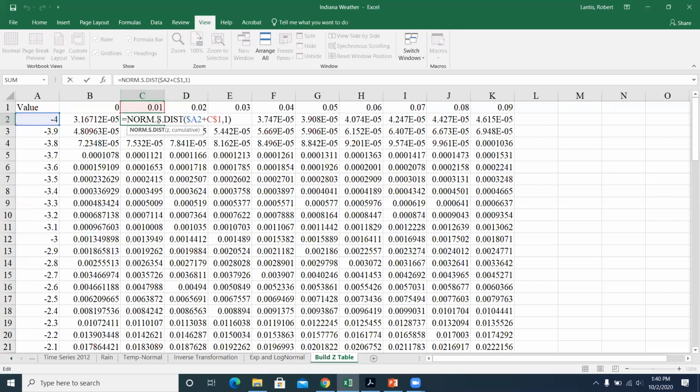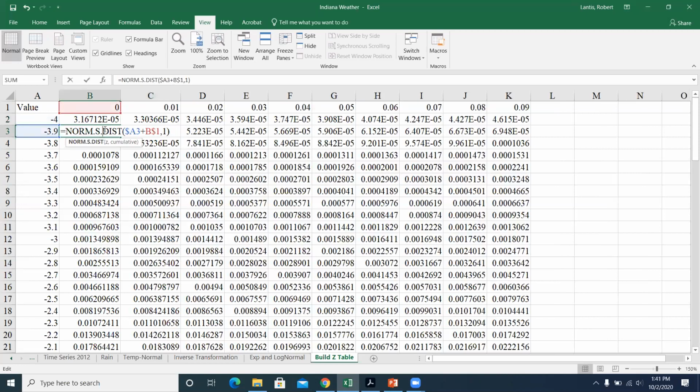And so all I'm doing there is using that standard normal distribution, taking that row and column, whatever they add up to, to get me that value, and then finding the area to the left. And then I could also copy this down, and because of the way that I froze the cells, it's not updating B1, but it'll update my A2 to A3 to A4, right?